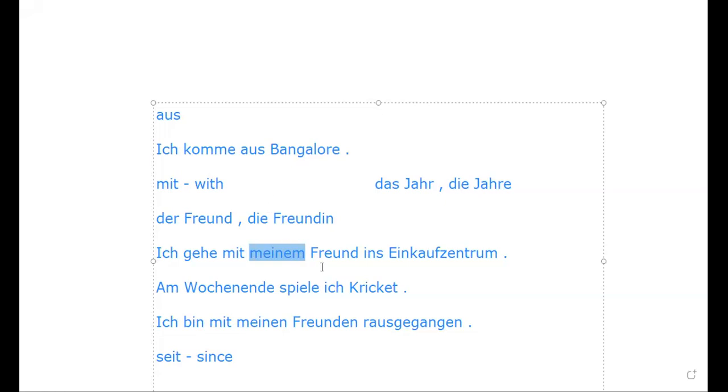Okay, one more example. Zu. Okay, I'm going to take zu. Make one sentence for this preposition. It's very interesting if you try some sentence with the help of this zu.